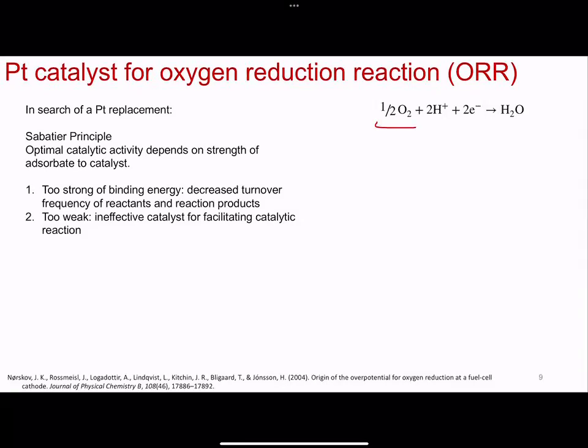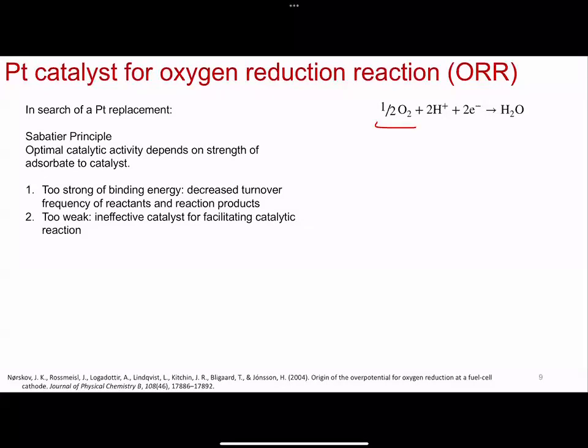It's also a huge area of research because it's hard to change or replace platinum because it's the ideal catalyst, but it's expensive, right?